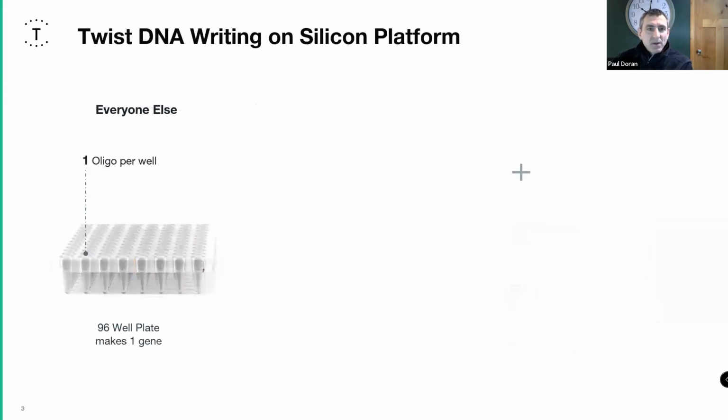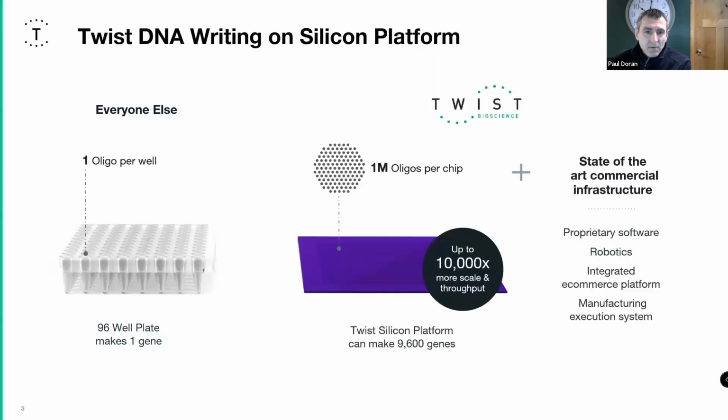So what's unique about Twist Bioscience? It's really our DNA writing platform. Our technology enables us to make an enormous amount of high quality DNA at scale. Everyone else is typically doing one oligo per well, whereas at Twist, we can make in the neighborhood of about 1 million oligos per chip, which gives us enormous capabilities.